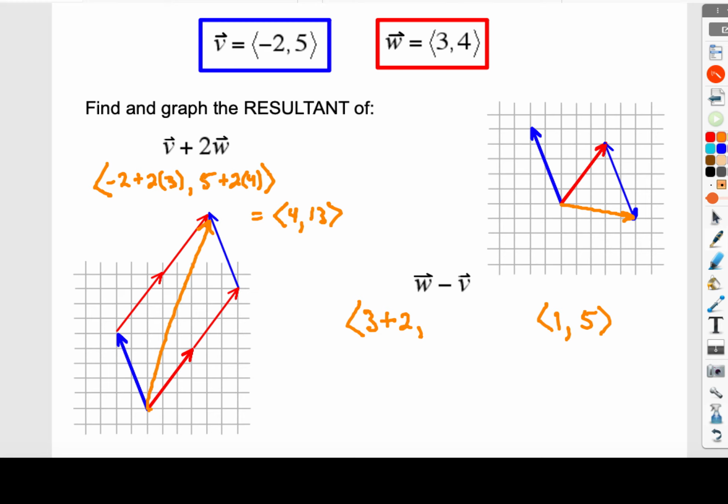And in that same case, w, the vertical component, minus v's vertical component. And 3 plus 2 would be 5. Remember, we went 5 units to the right. And 4 minus 5 would be negative 1. And remember, we went 1 unit down.